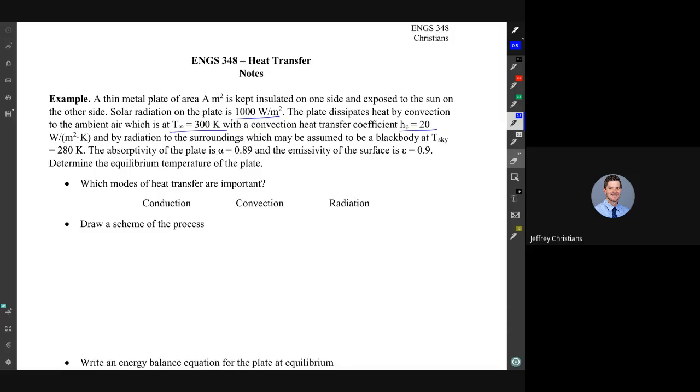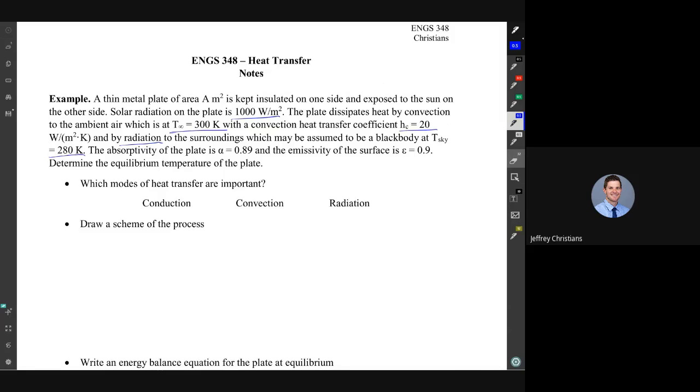So one way, it's gaining heat from the sun. It's losing heat to the air by convection. It's also losing heat by radiation to the surroundings, which may be assumed to be a black body at T sky of 280 degrees.